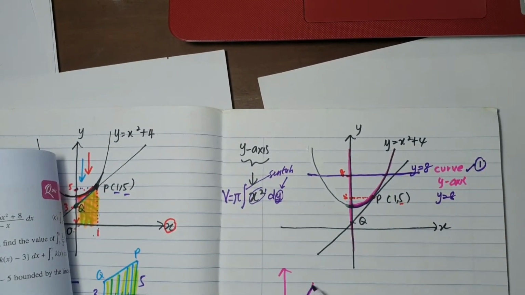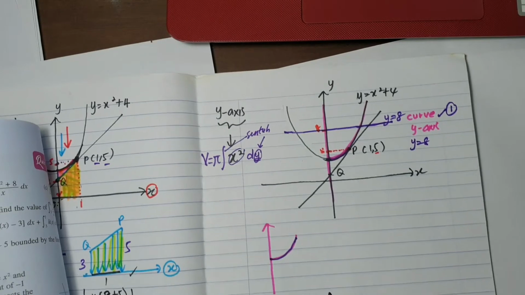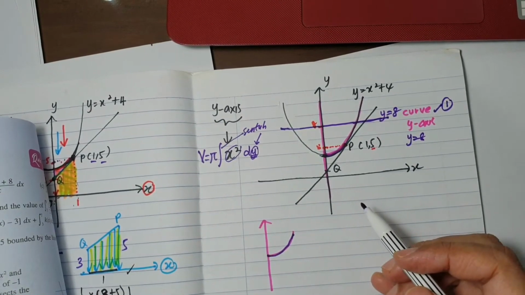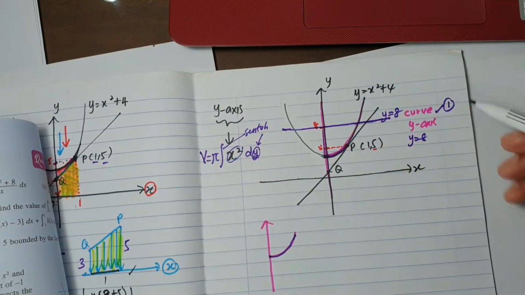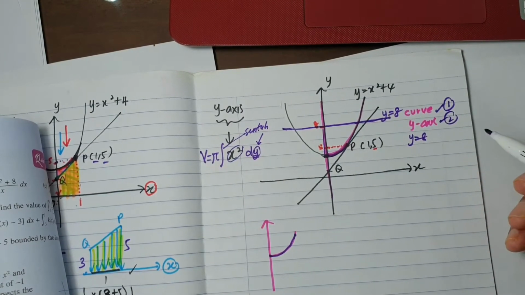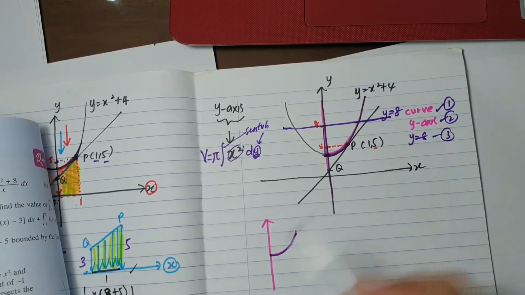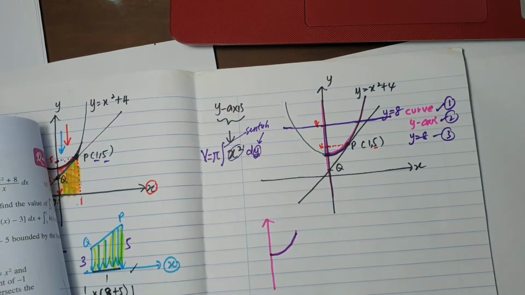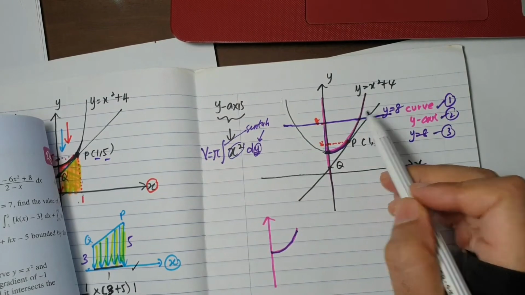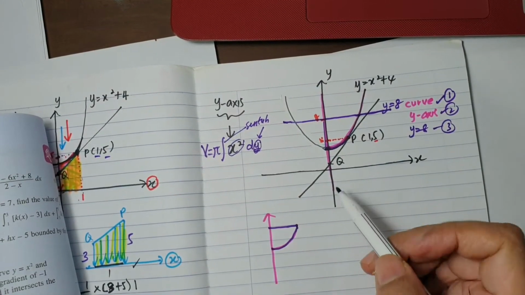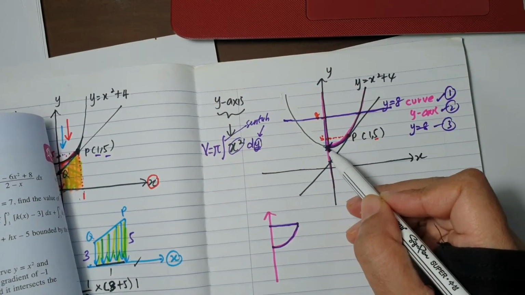The region is bounded by the curve, the y-axis, and the line y equals 8. So there are three graphs involved. y equals 8 is here.